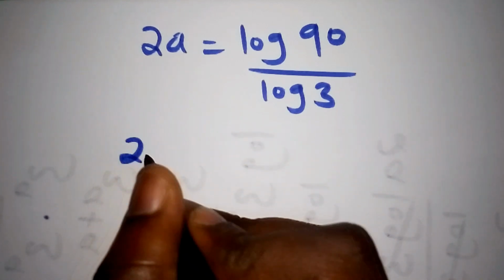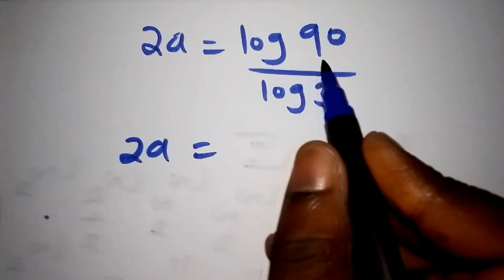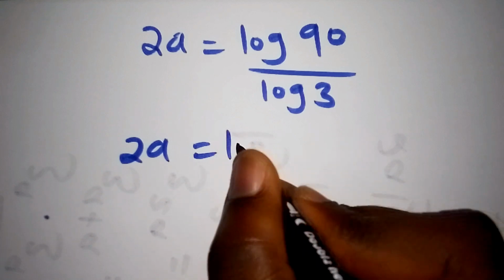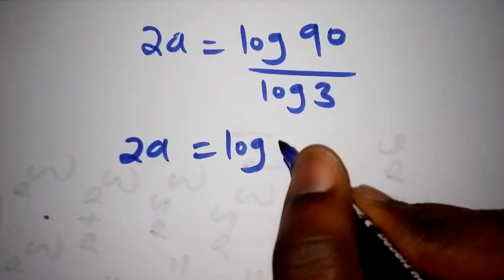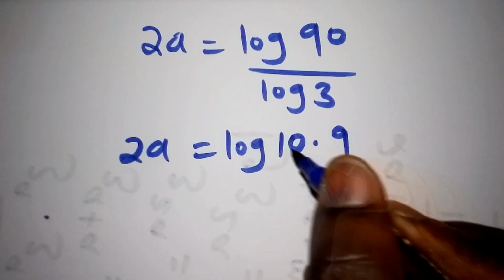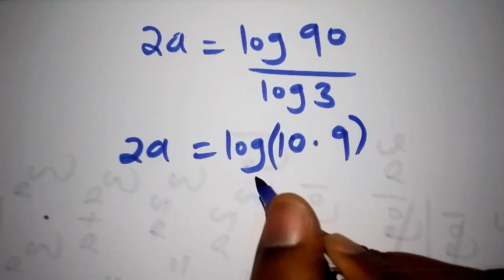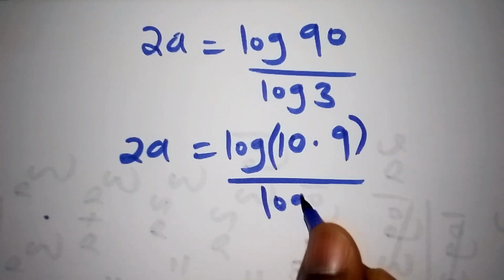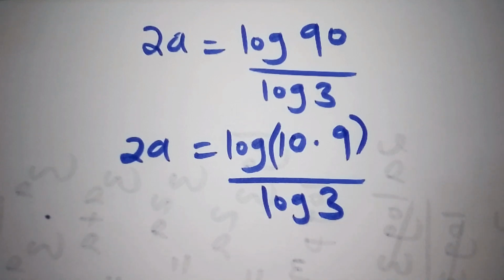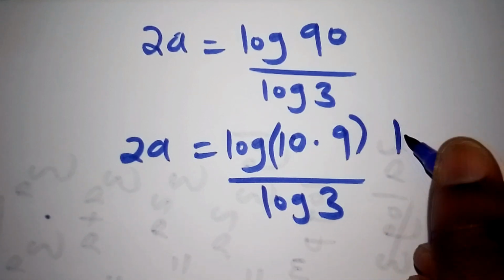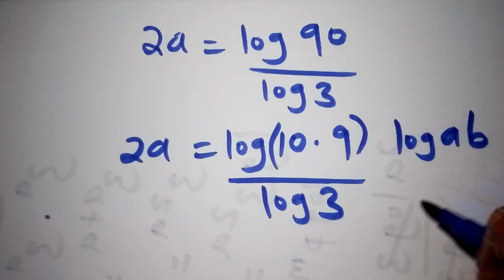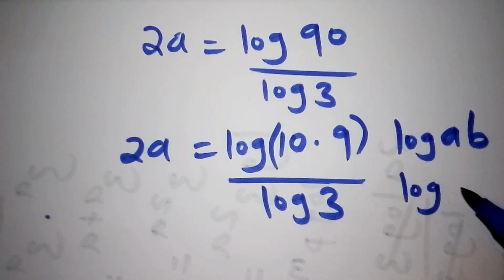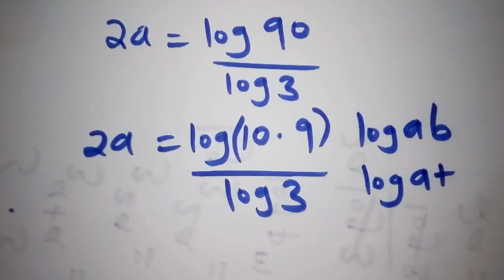So 2a is equal to, when we factorize the log of 90, it can be written as the log of 10 multiplied by 9, put in brackets, all over the log of 3. Assuming we have something like the log of ab, that is log of a multiplied by b, this can be written as the log of a plus the log of b.